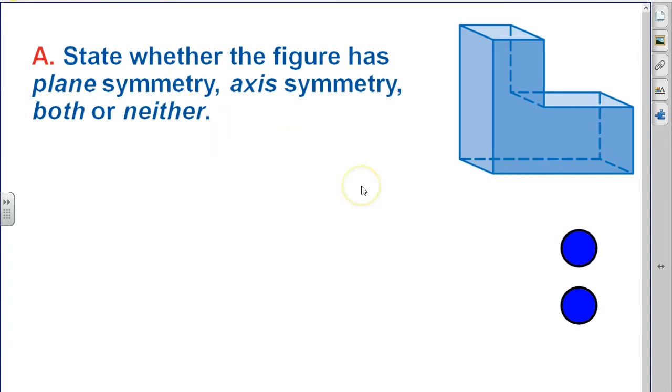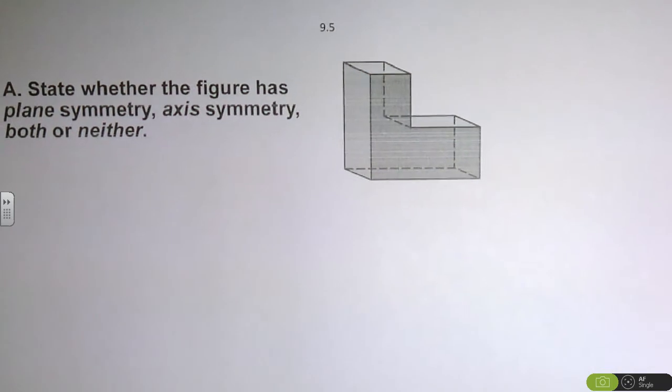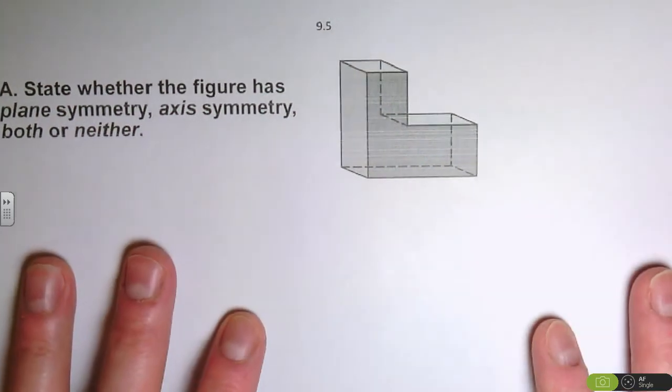We're looking at this kind of weird, I don't know, L-shaped box. The question is, does this have plane symmetry, axis symmetry, both, or neither? Okay, so looking at this guy, not having it in 3 dimensions is kind of tough to tell.